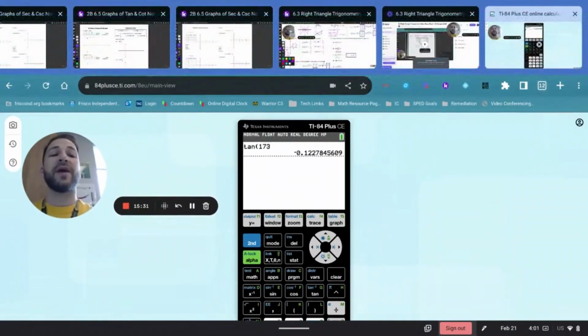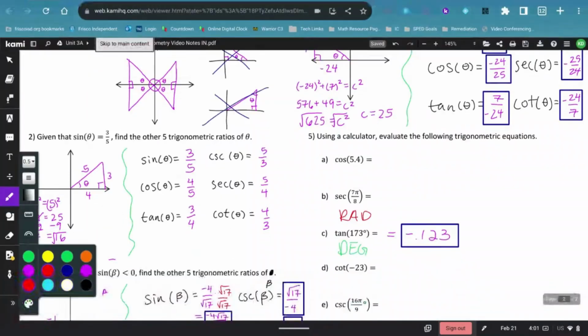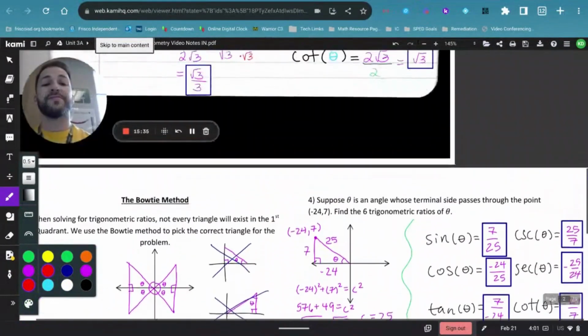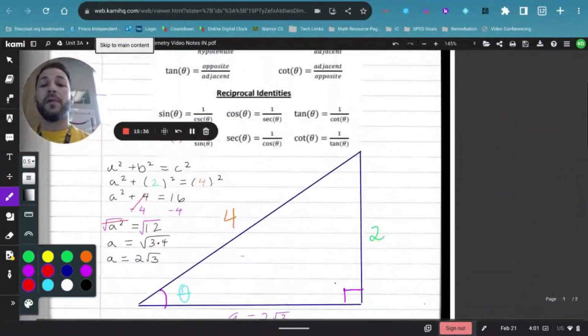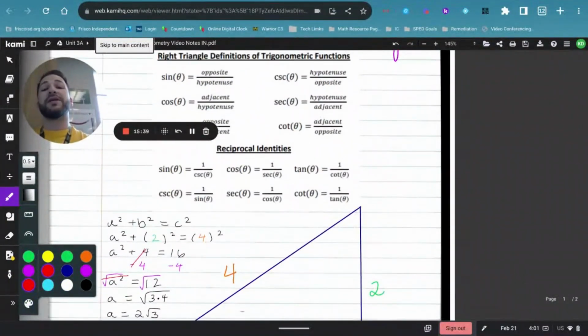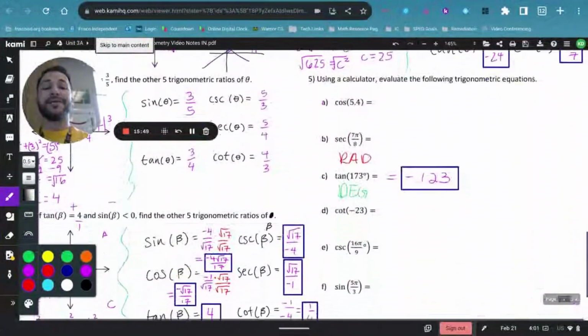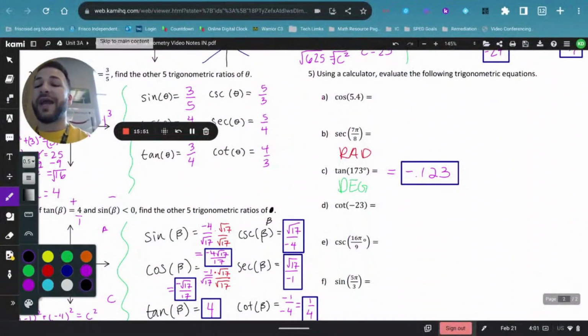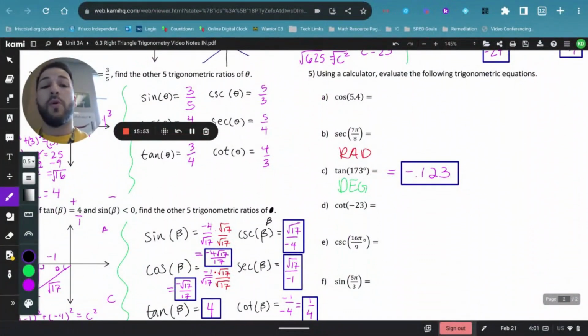So we don't actually have a reciprocal trig button. But if you remember back from our identities that we talked on that very first page, our reciprocals, they have a relationship. So like sine of theta is equal to 1 over cosecant. Cosine is equal to 1 over secant, which means secant is equal to 1 over cosine. So going back here, the secant of 7 pi over 8 is equal to 1 over the cosine of 7 pi over 8.